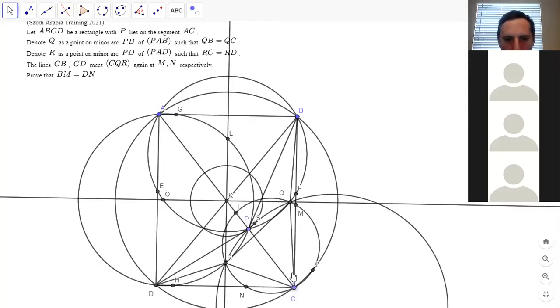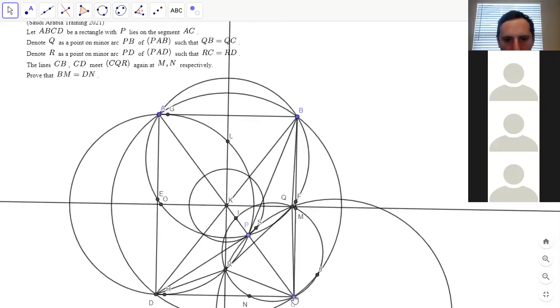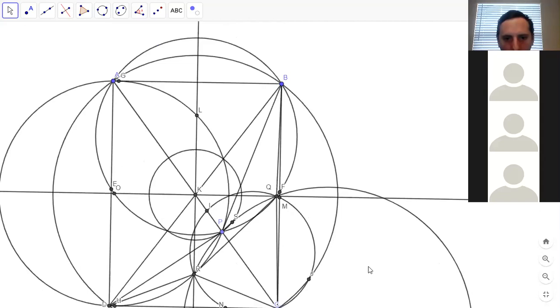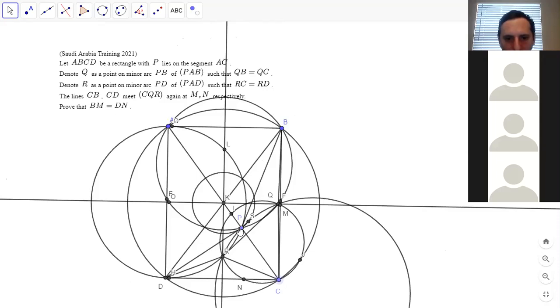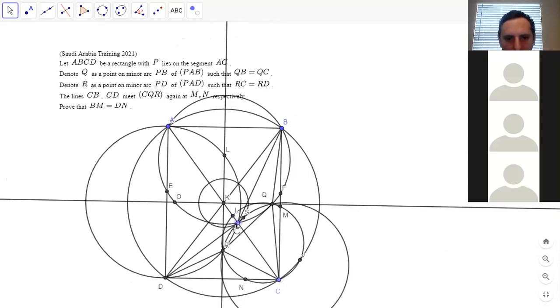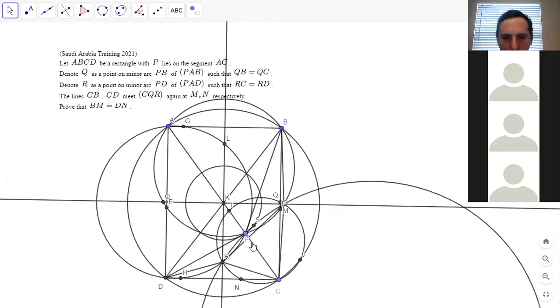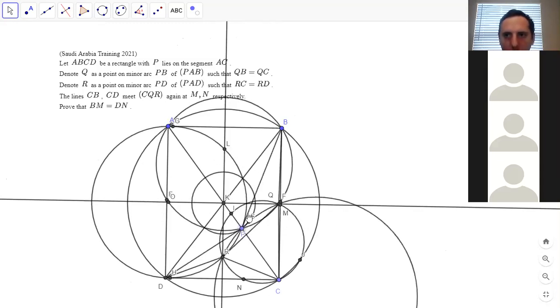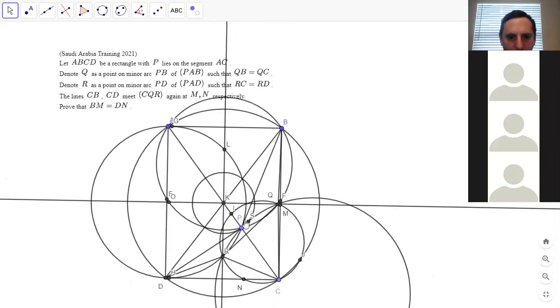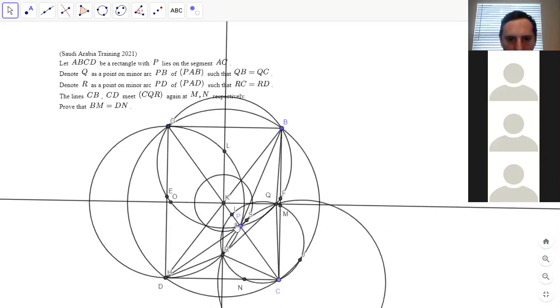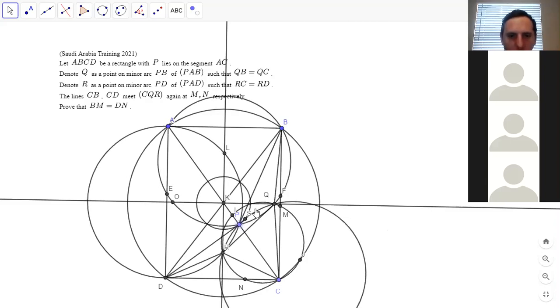Or do you want me to move? Oops, sorry. But now Q doesn't look so good. Let's say near B. I think this looks okay, right? Whoops, sorry, I think I messed it up a little bit. Let me fix it. Yeah, that is okay.